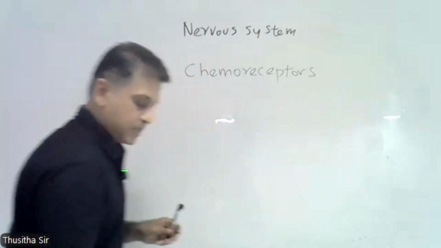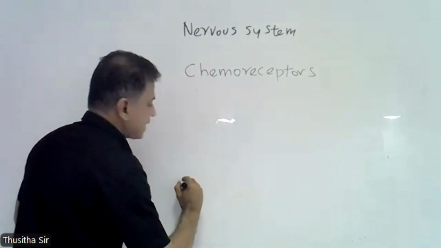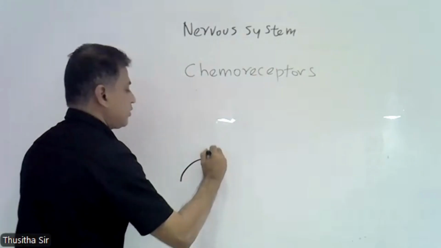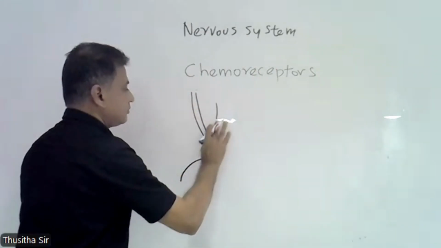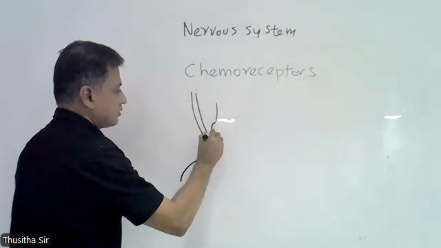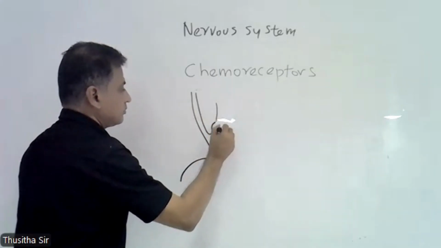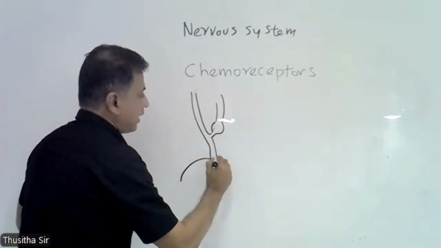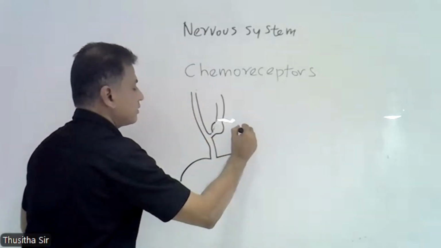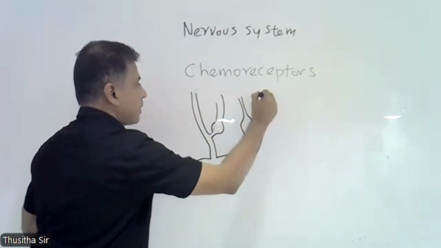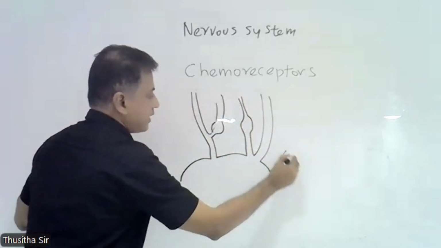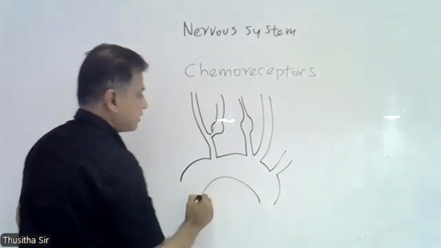So these chemoreceptors are located in this place, that's the aorta, and the aorta is branching like this. It has another branch like this, and there's another branch like this.